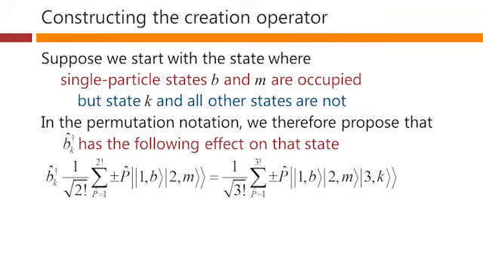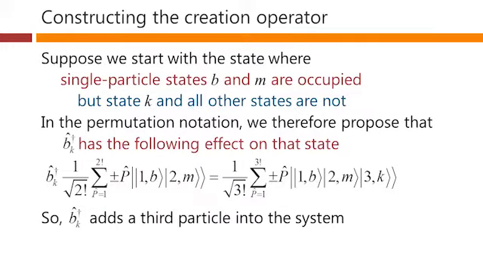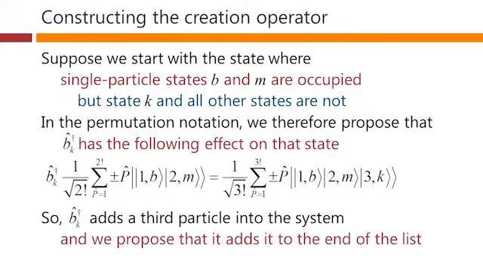Specifically, BK dagger acting on this state, which has one particle in state B and one particle in state M, is going to turn it into this state. So BK dagger acting on this state is going to add a third particle into the system, and we propose that it adds it to the end of the list in our notation here.